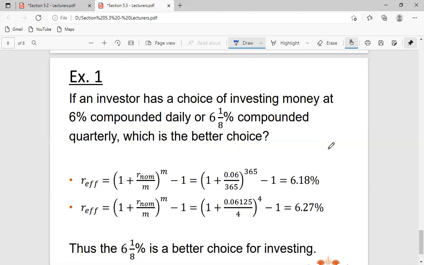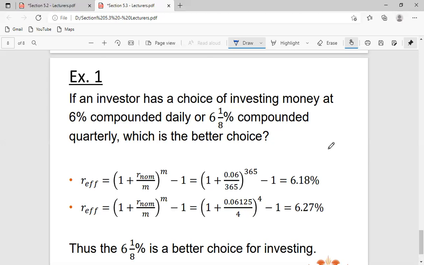Looking at it at first glance, you cannot immediately tell which one to choose unless you convert these nominal interest rates to effective interest rates. Then you can see which one has the highest effective interest, and then you can conclude which is the better choice.